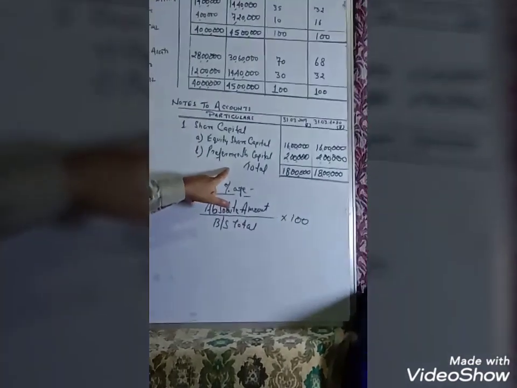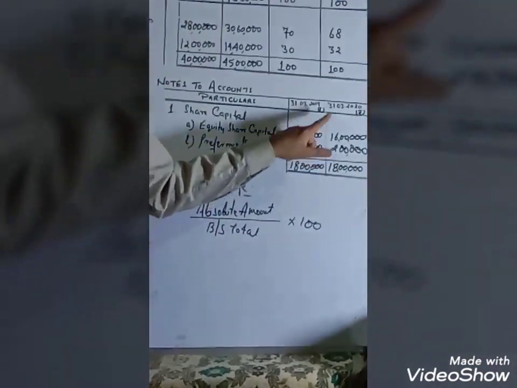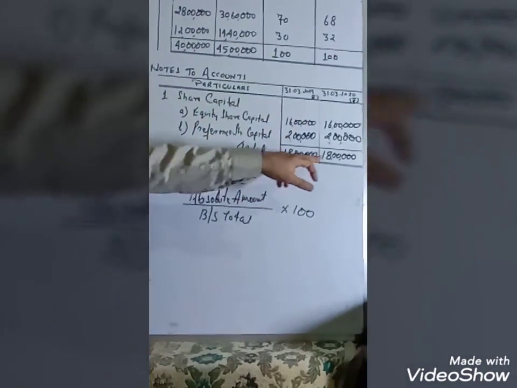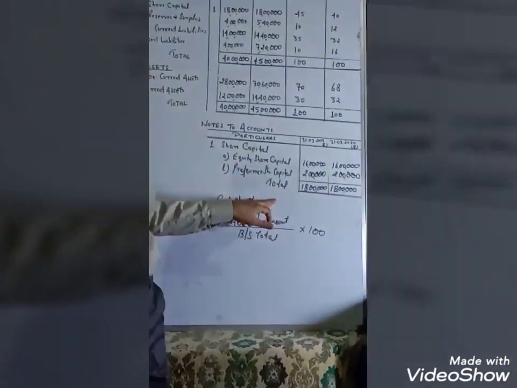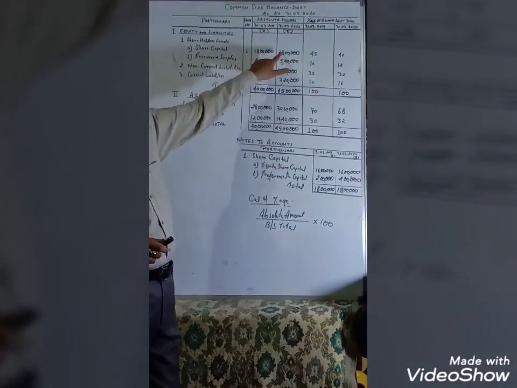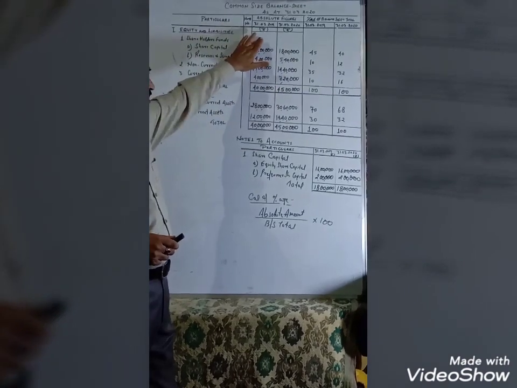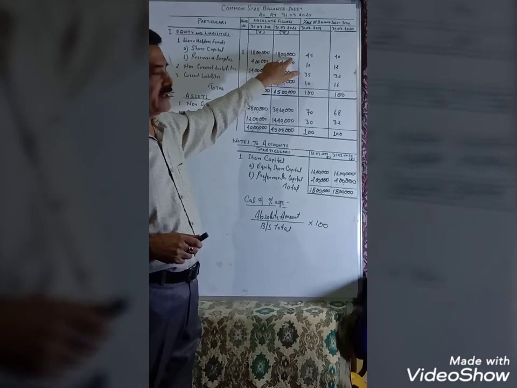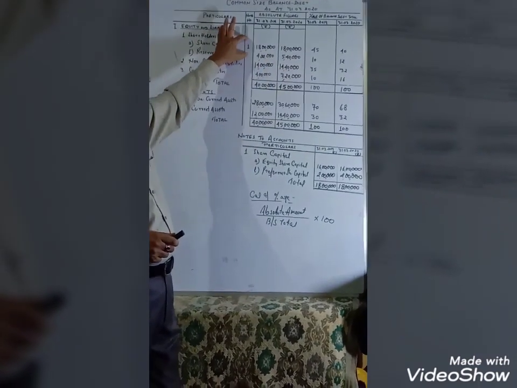Similarly, preference share capital for 2019 is 2 lakh and rupees 2 lakh for 2020 as well. The sum total is rupees 18 lakh for both the years. Now this sum total of rupees 18 lakh will be shown in the balance sheet. Absolute figures for the year 2019 18 lakh and for the year 2020 18 lakh. This will be shown under note number 1.